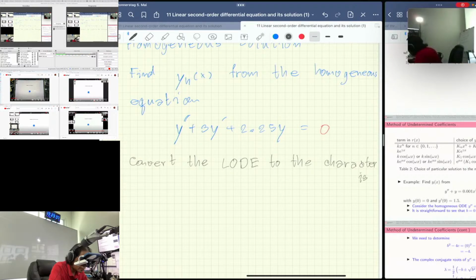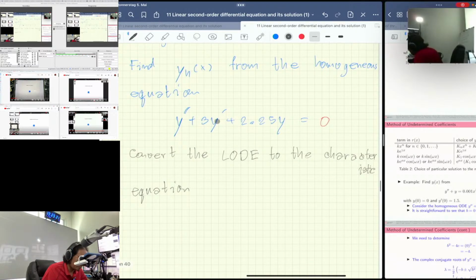Characteristic equation. So we will convert this equation to the characteristic equation. You know that the double prime means lambda square, right?